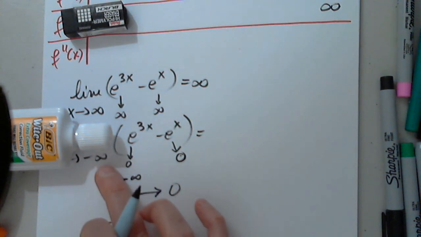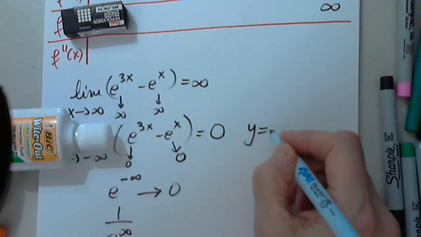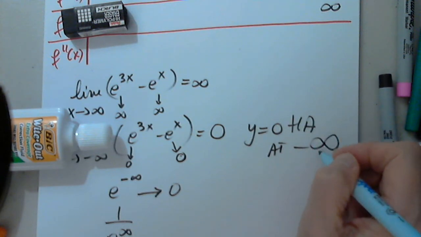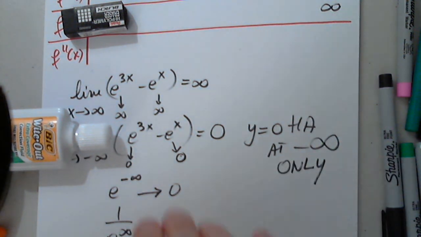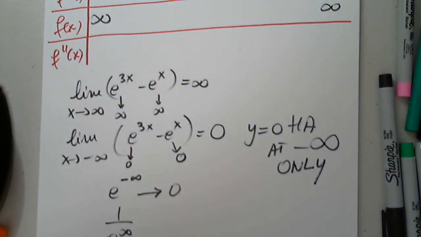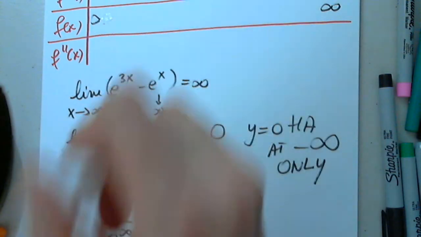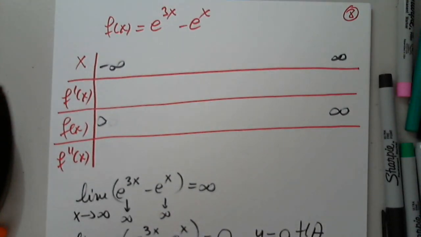As long as x approaches negative infinity, it's the same concept. So this is 0, which means y equals 0 is a horizontal asymptote, at negative infinity only. So that is 0. Good.